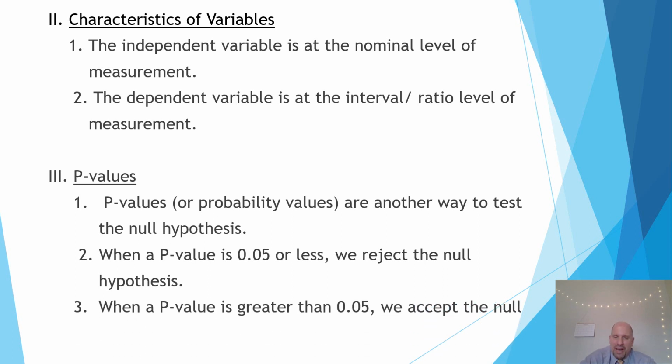When a p-value is greater than 0.05, we accept the null hypothesis, all right? So the 0.05 line is really, like I said, a shorthand for determining whether or not to accept or reject the null hypothesis in the same way that you used a calculated value against the critical value.